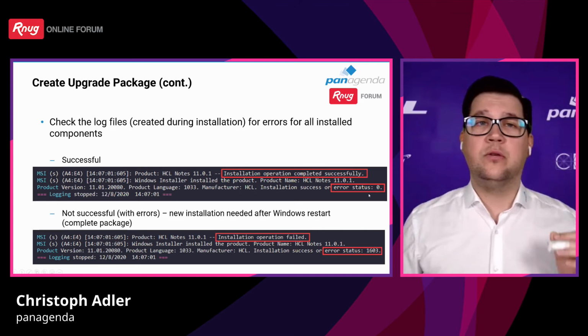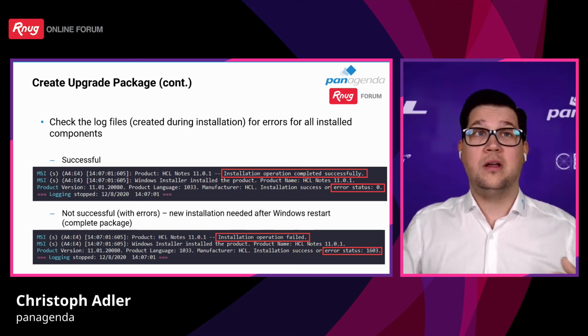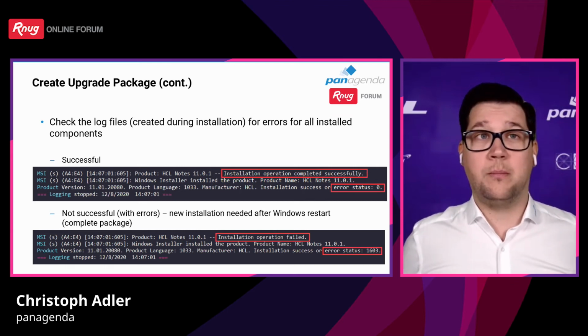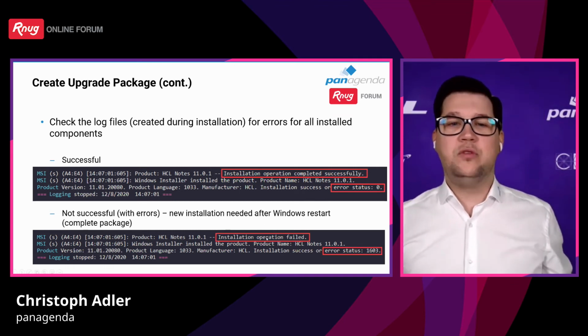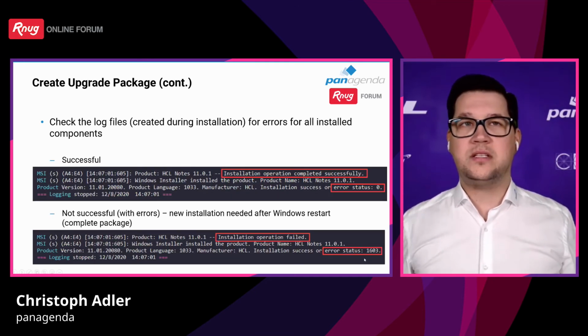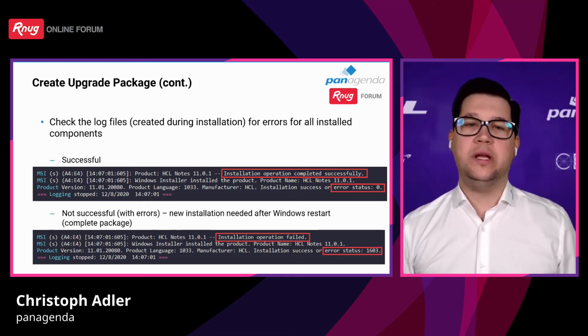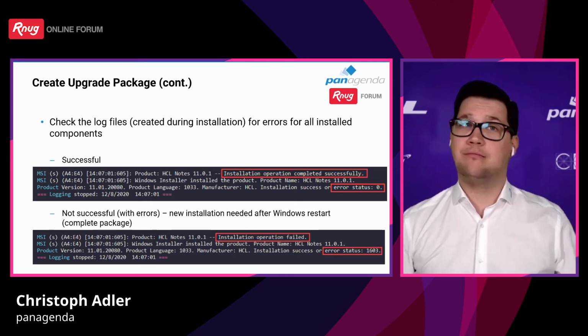So error status 0 means we do not have an error, and the installation was done successfully. If the installation failed, you always see the exact same error status, and this is 1603, which means an error occurred. That's all.